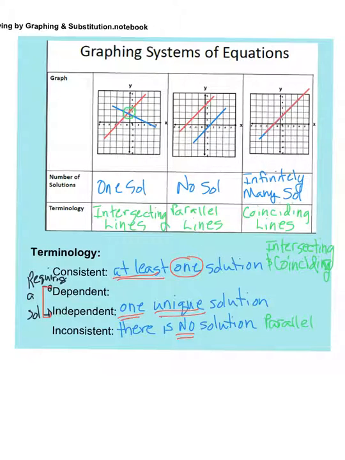If you're unique, you stand out, you are different from everybody else. So the only system that matches this is your intersecting lines. It is the only one with one solution, period. If a system is dependent, then it has more than one solution.